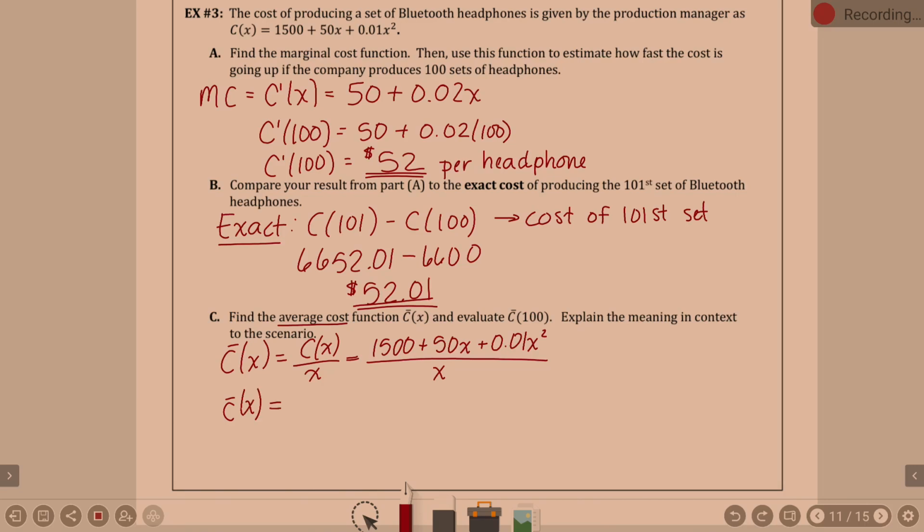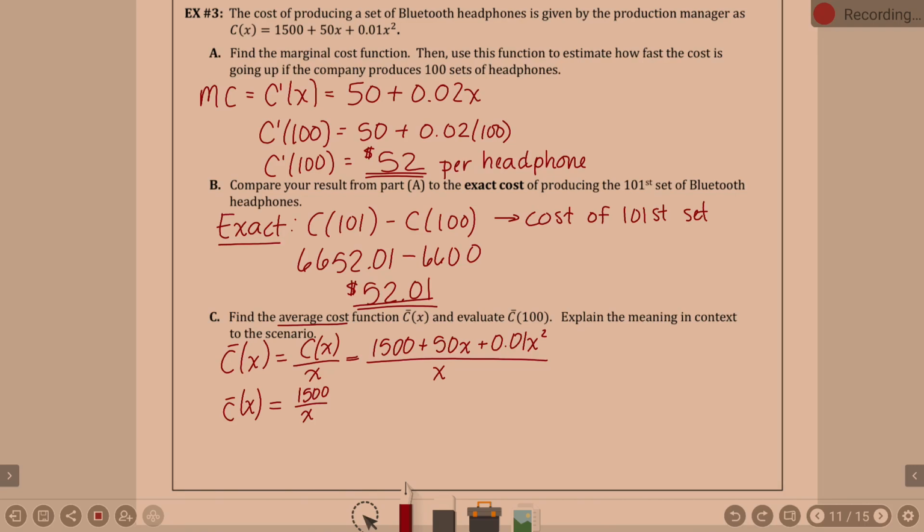In terms of cleaning this up, basically what I would do is take each term on top and divide by x. Now, they all clean up nicely with the exception of the first one. 1500 divided by x, I'm going to write it as 1500 divided by x.